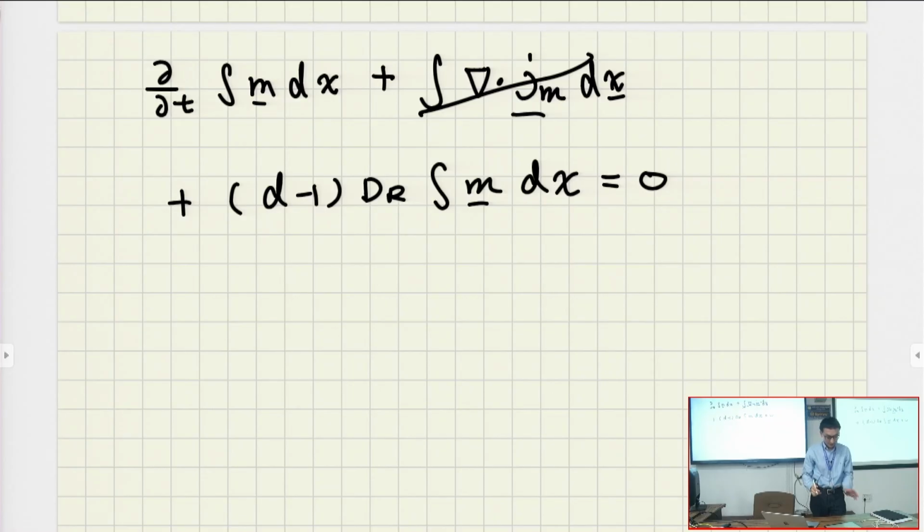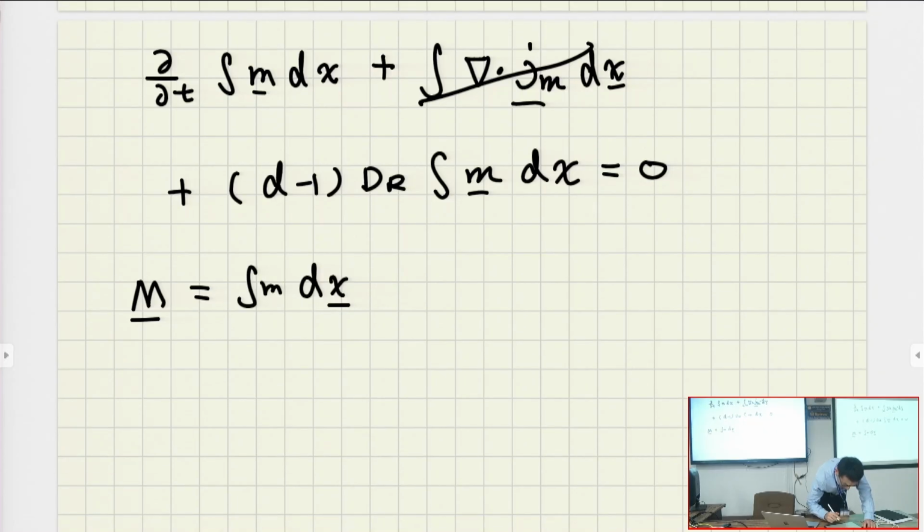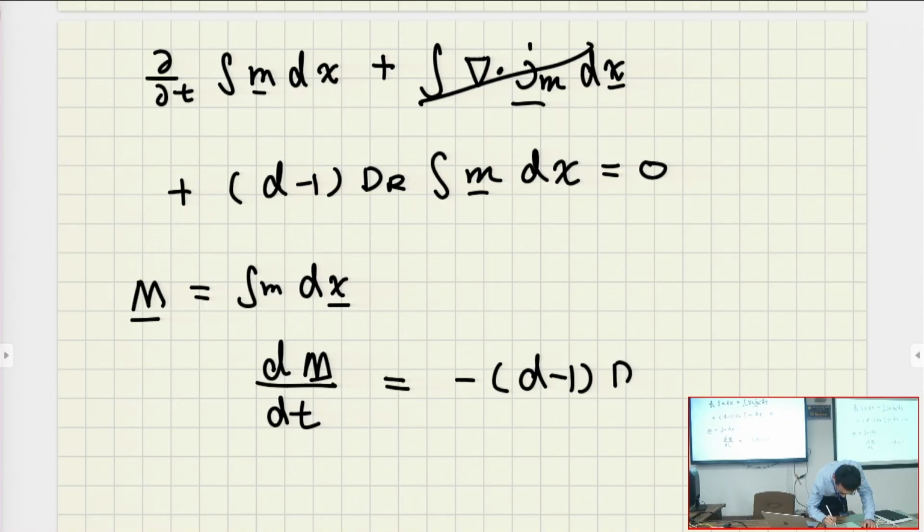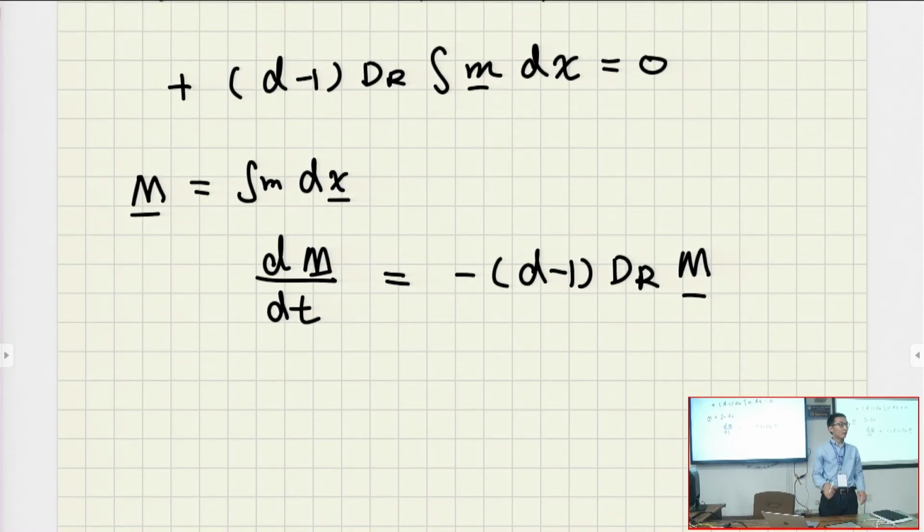Okay, so that's interesting. Let's define this as capital M. So then we have dM/dt equal to minus (d minus 1) D_r times M. So we know how to solve this equation.